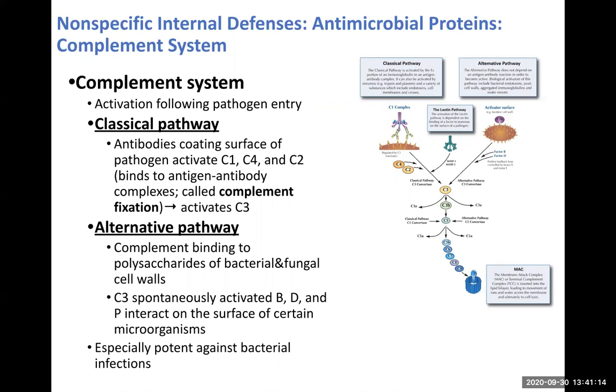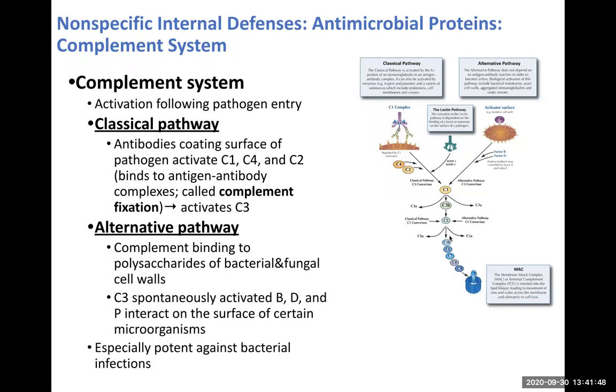The main difference between them is that the classical pathway involves antibodies, and the alternative pathway does not. And again, all of these proteins are named; they all start with the letter C followed by a number. I don't require you to know the specific proteins involved in the classical versus the alternative pathway, or the structures of the membrane attack complex, which we'll talk about in just a moment. That's made up of several of the complement proteins that come together.